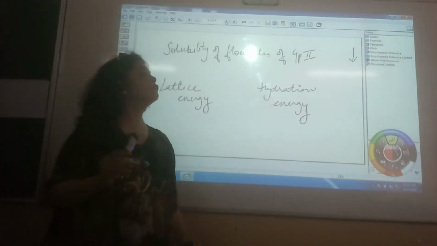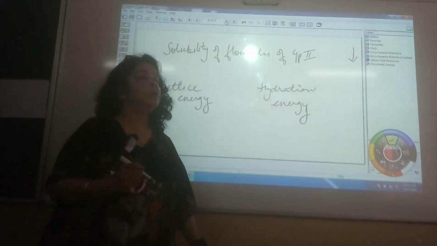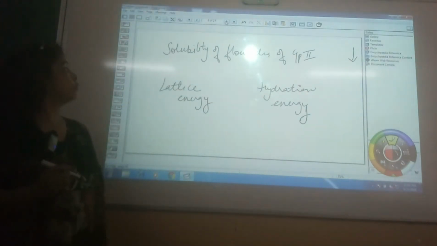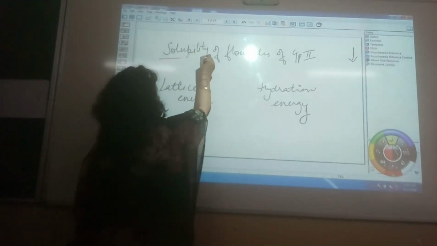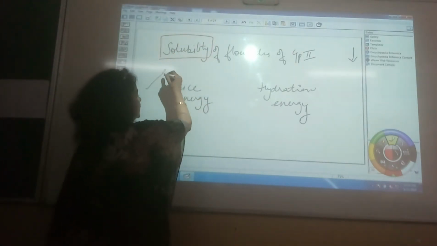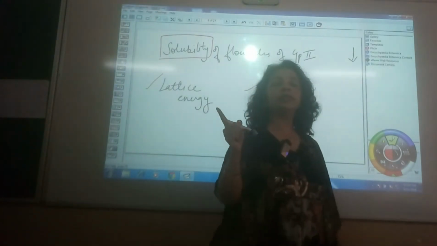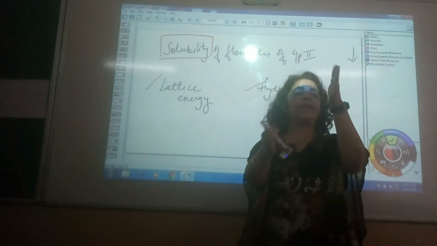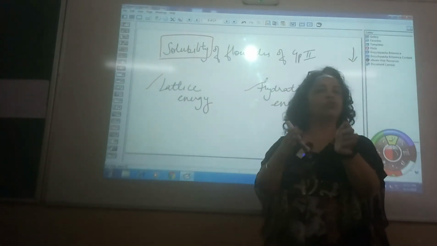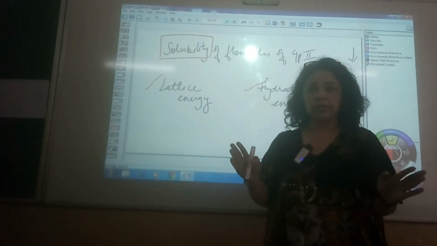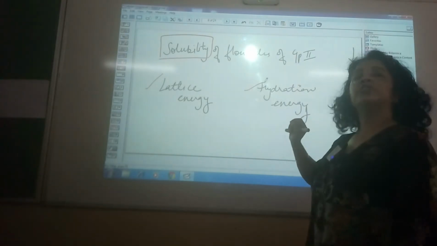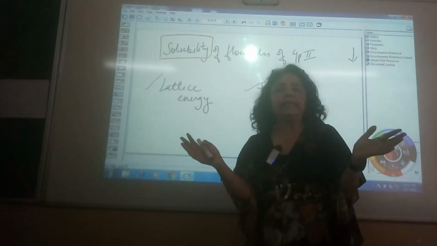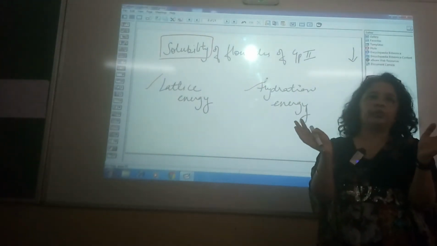The solubility of the fluorides of group 2. Whenever we use the word solubility, we need two things. One is lattice energy, the second is hydration energy. Lattice energy is the energy required to break the inter-ionic forces in the crystalline solid, whereas hydration energy is the energy which is released when water molecules interact with the ions.